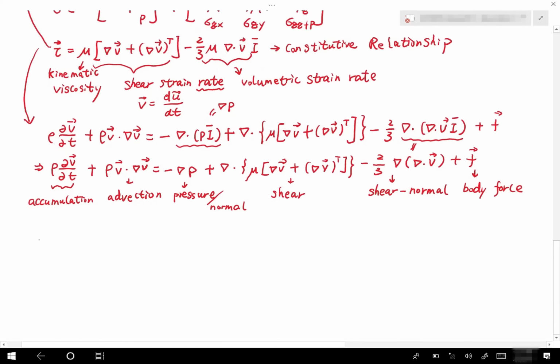I want to make another change. Because this is for compressible fluid, I want to derive an equation for incompressible fluid. So let's copy everything until we get this term. Does this term look familiar to you? Have you ever seen anything like this before?